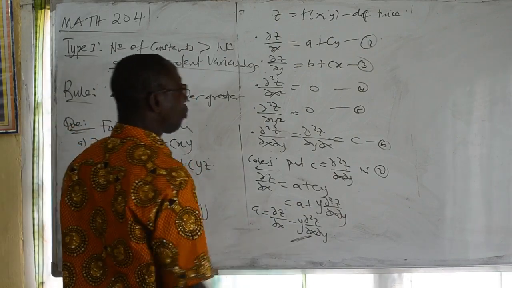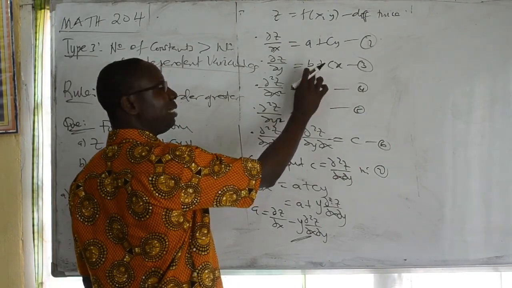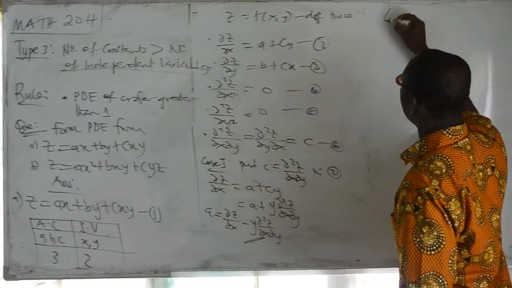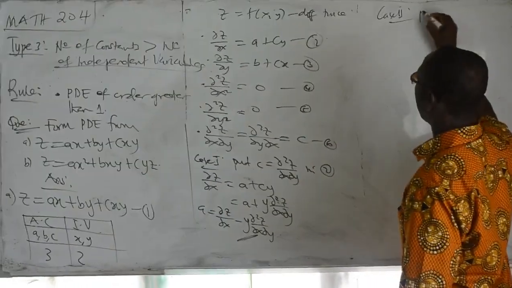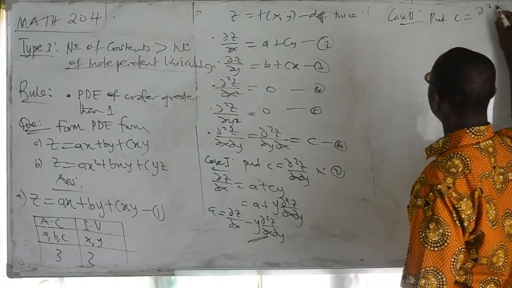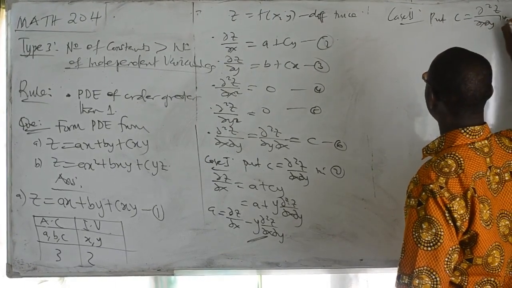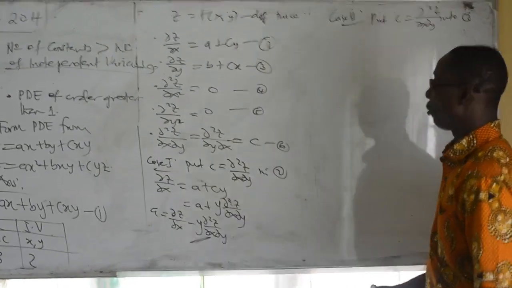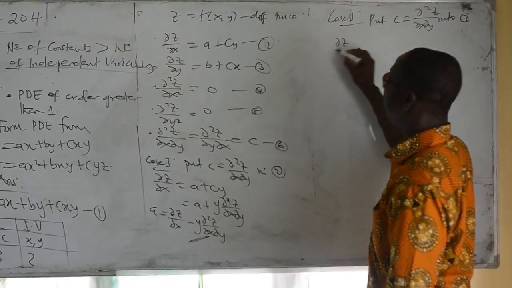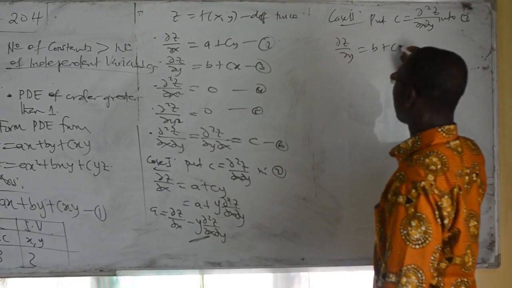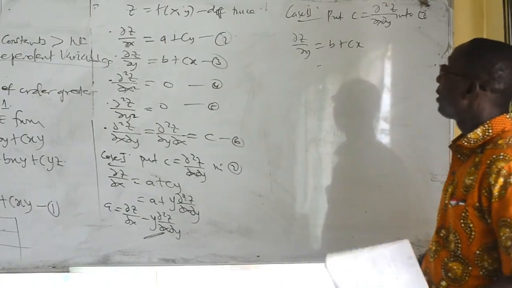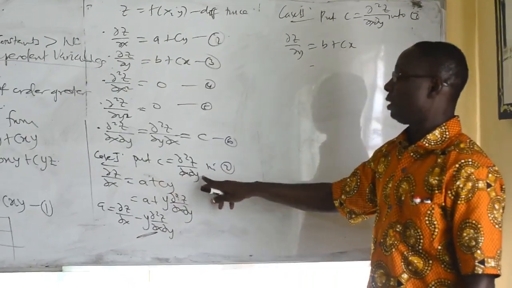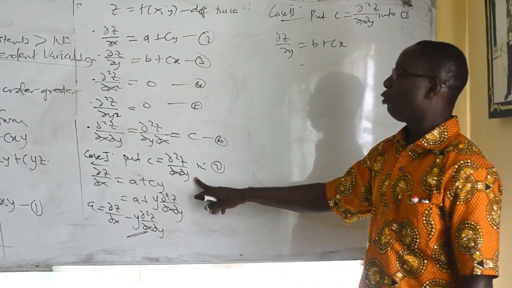I can do the same thing. I can put C into this so that I can make B the subject. So case 2: put C equal to d squared z over dx dy into equation 3. So we have equation 3, dz dy is equal to b plus cx. As I said earlier, in the first case we put C equals this into equation 2.